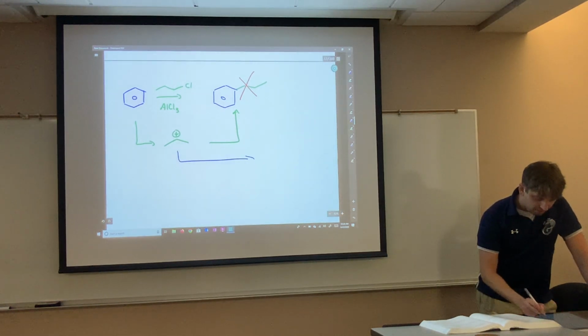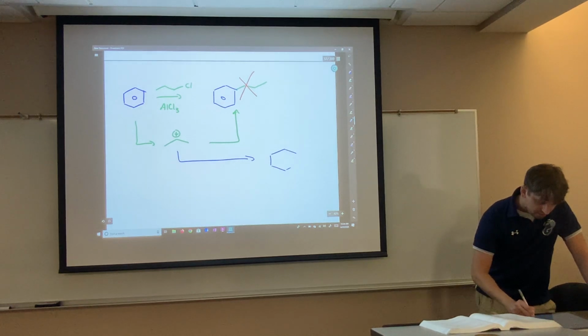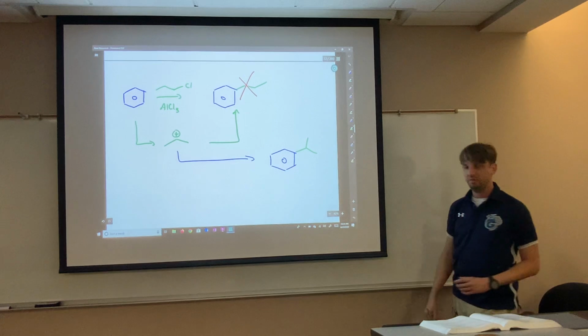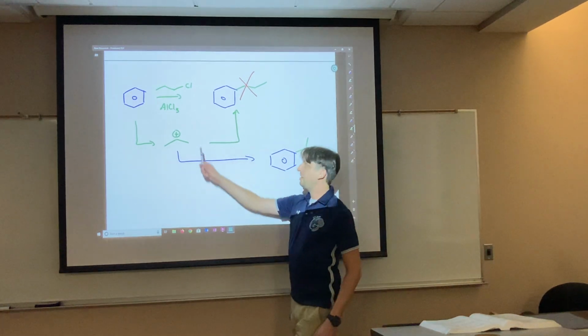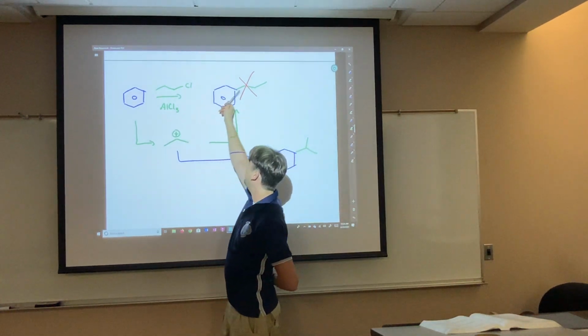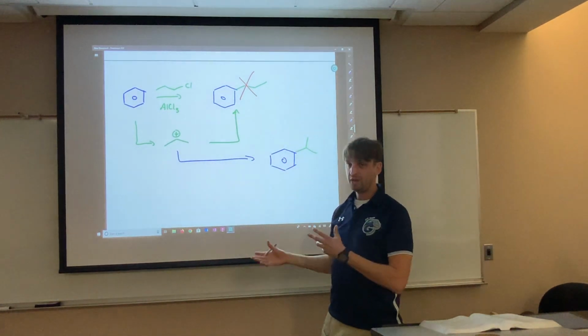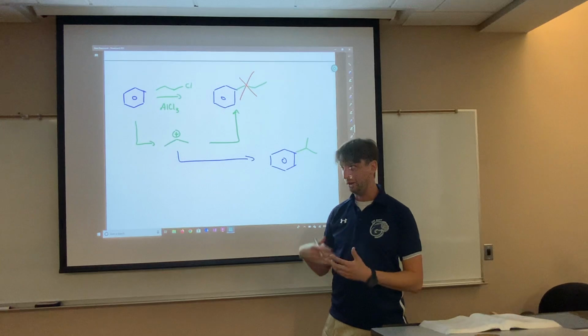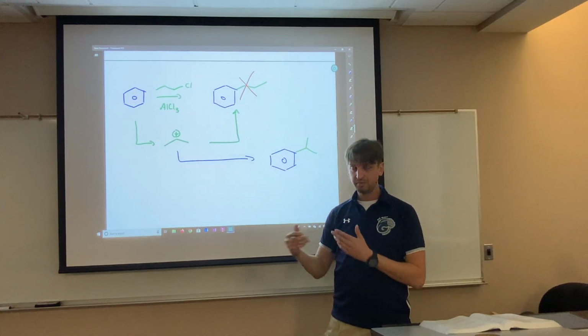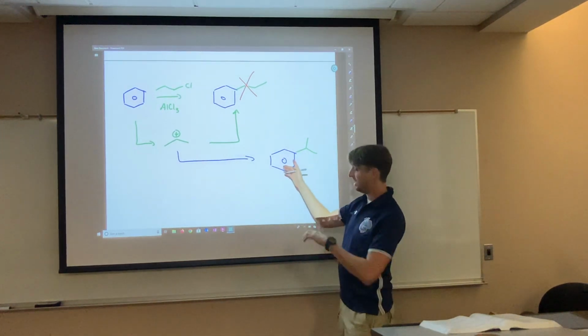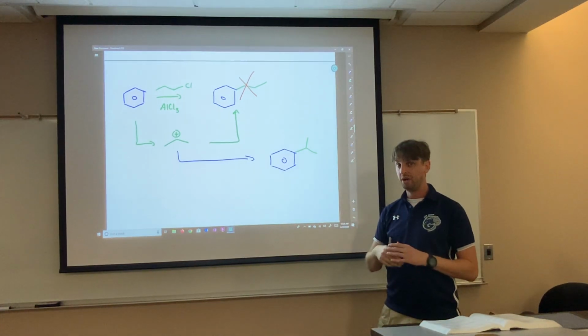And then from there we get our product, which looks strikingly similar to what we had in the previous example. I'm not saying this reaction won't happen, I'm saying this won't get formed. This reaction will happen. It will be slower than the previous reaction that we just talked about, to get to the exact same product right here.